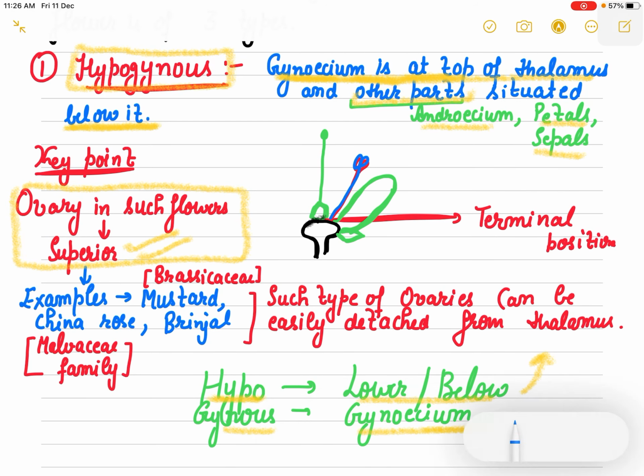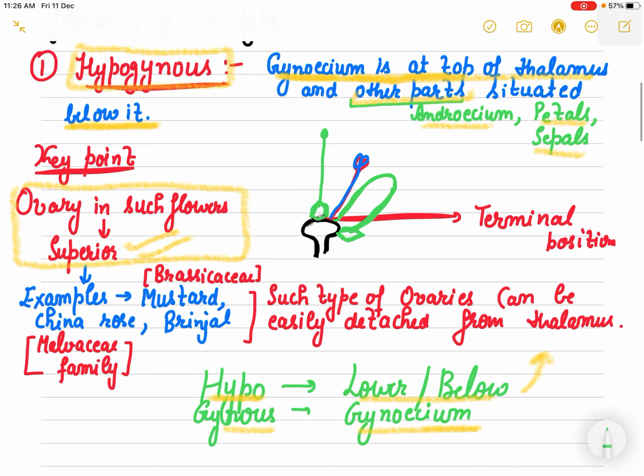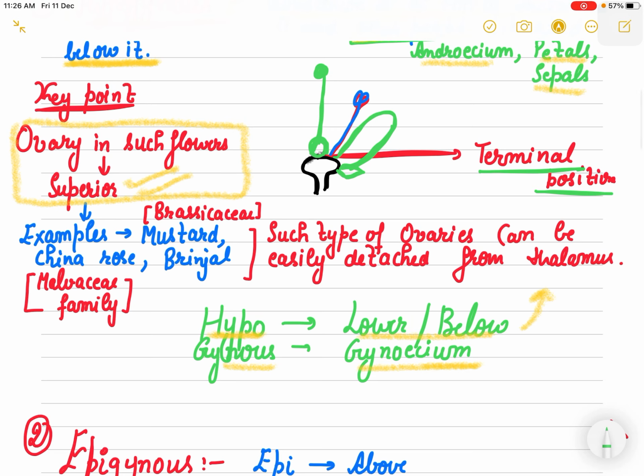And now at the tip there is present ovary, female part. So at the apex or at the terminal position we are having ovary. So ovary is superior here.